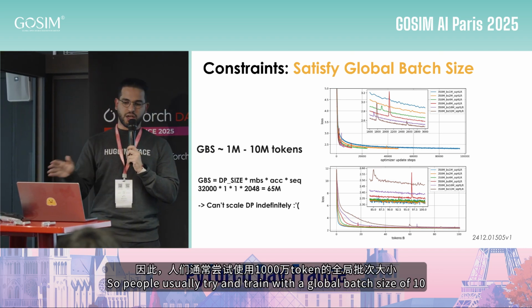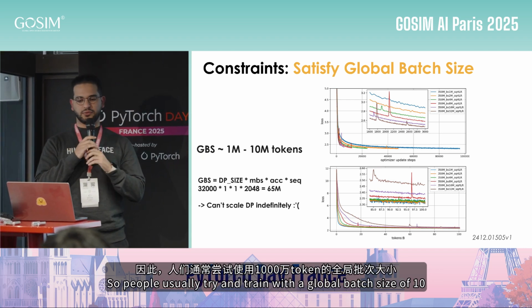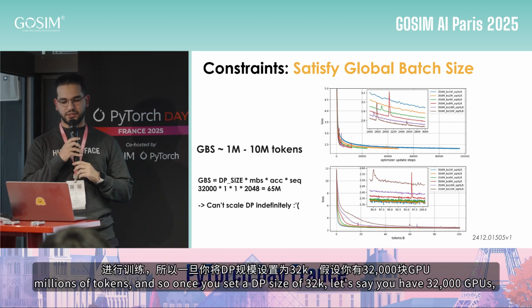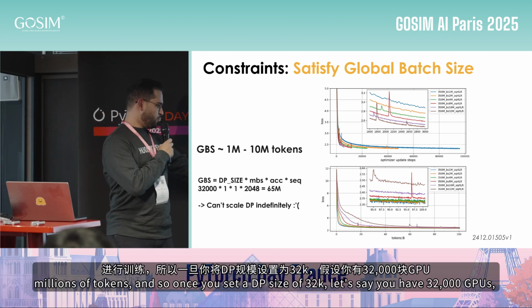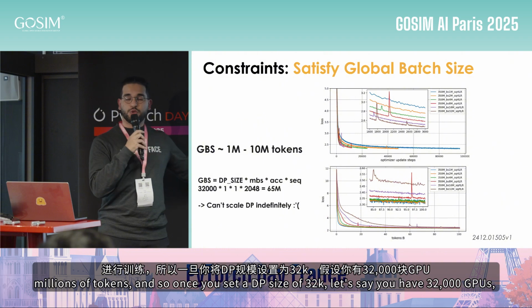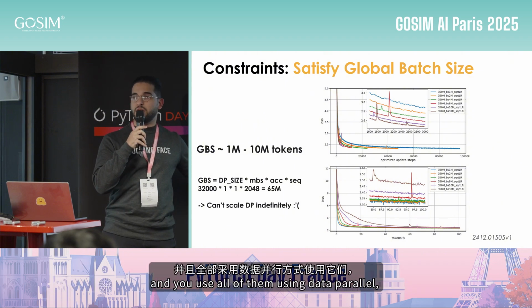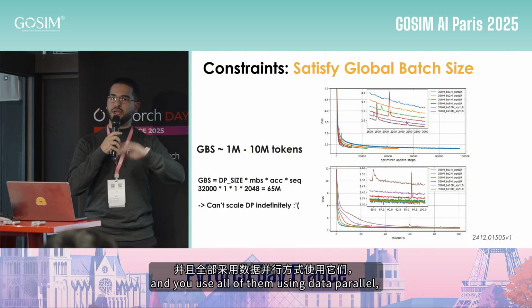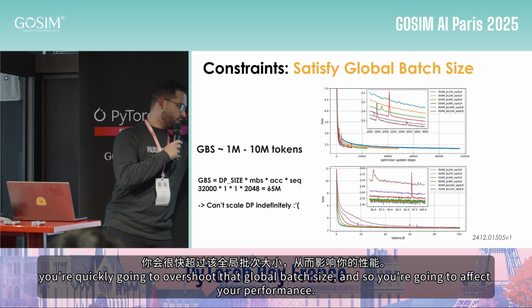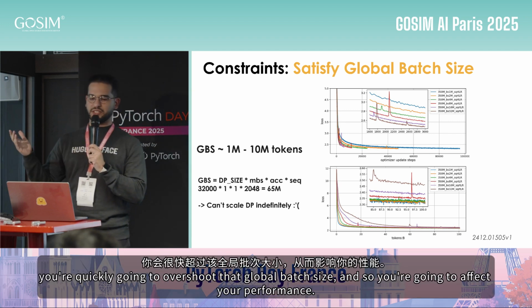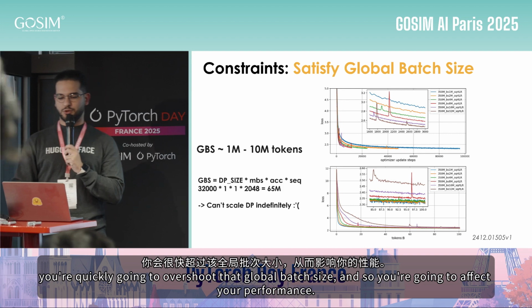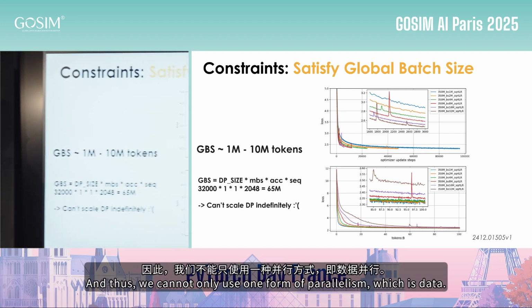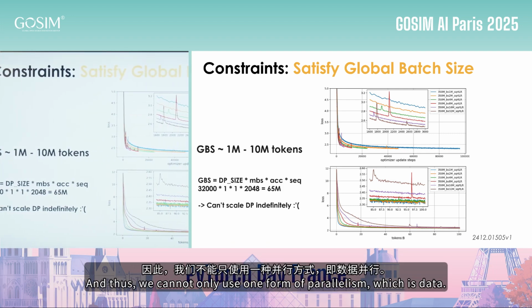So people usually try to train with a global batch size of around 10 million tokens. And so once you set a DP size of 32K, let's say you have 32,000 GPUs and you use all of them with data parallel, you're quickly going to overshoot that global batch size, and so you're going to affect your performance. Thus, we cannot use only one form of parallelism, which is data.